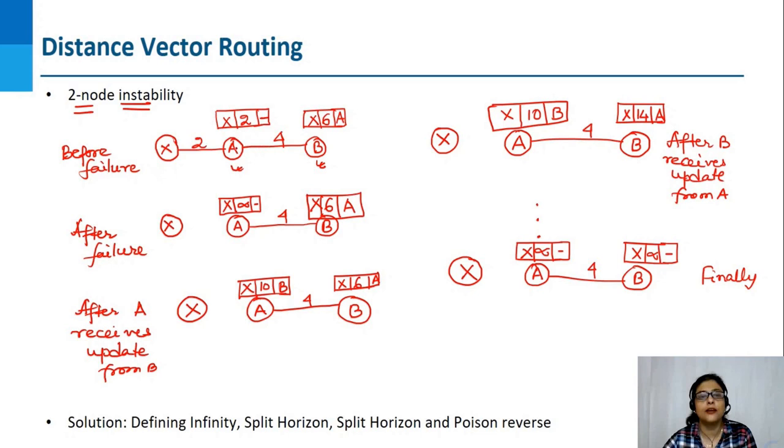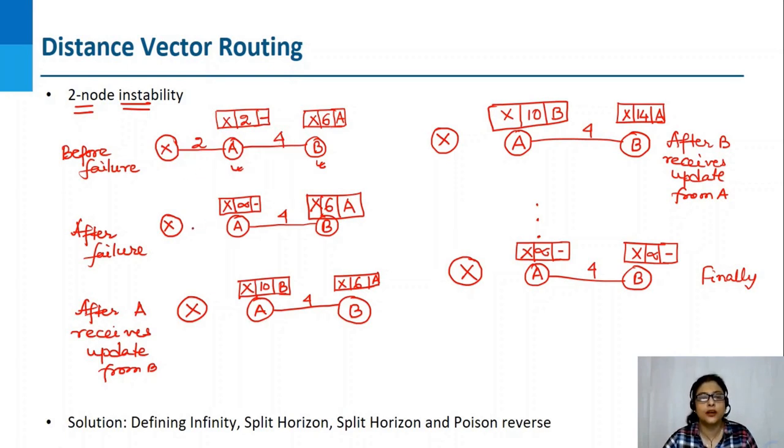Now, before failure, A's routing table will have this row as X, 2 and dash. That means X is directly connected to A. And B's routing table will have this information X, 6 and A, because the next node will be A in order to reach X from B, and the total distance will be 4 plus 2 equal to 6.